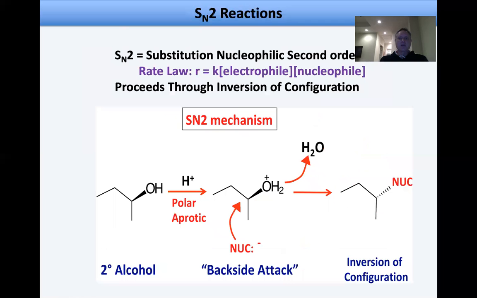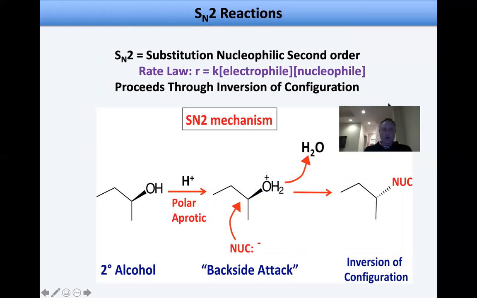What about SN2? Substitution nucleophilic second order. This is where the rate law is a function of the K constant and electrophile times a nucleophile. You need both of them to actually get the reaction to occur.